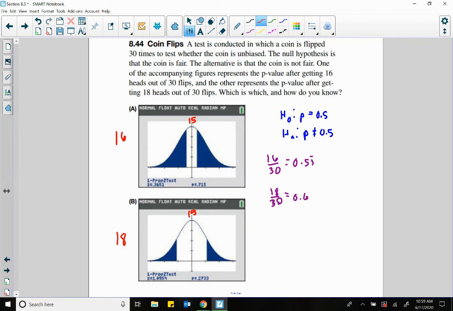And so that's how I know which one is which. Hopefully that makes sense. The closer you are to the null hypothesis, the smaller your z-score. The further you are away from this, the larger the z-score.